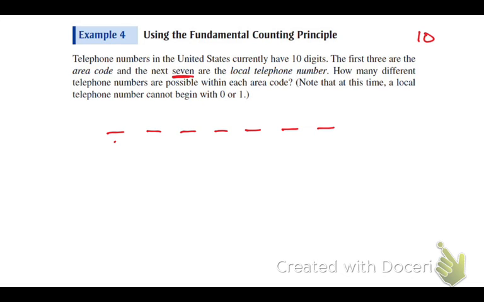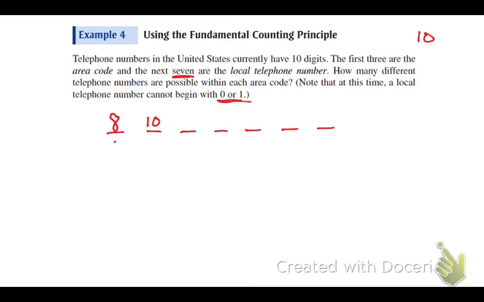There are, but we cannot use 2 of them because it says they cannot begin with them. So we have how many choices then here? 8. How many choices do we have here? 10. No, wait a second.